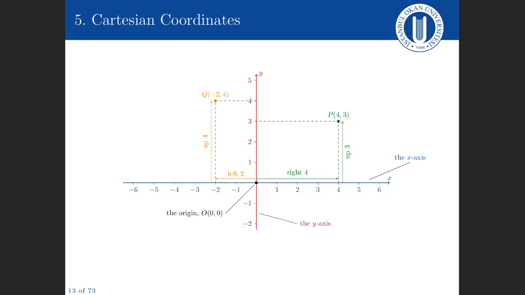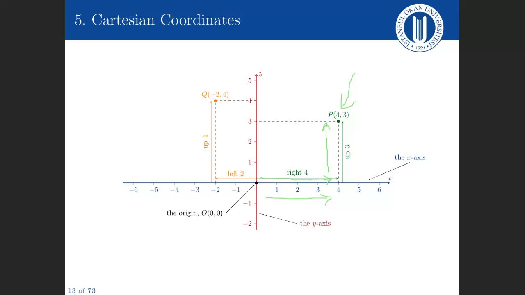Then we can explain the position of all of the points in the plane using two numbers. For example, if I want to describe the position of the point P, to get to P, we can start at the origin. We can go to the right by 4 units, and then we go up by 3.